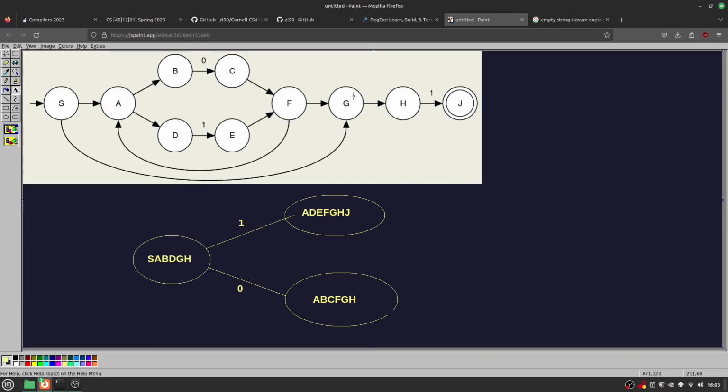From G, we can only get to H. It's in the set. From H, we can't get anywhere.